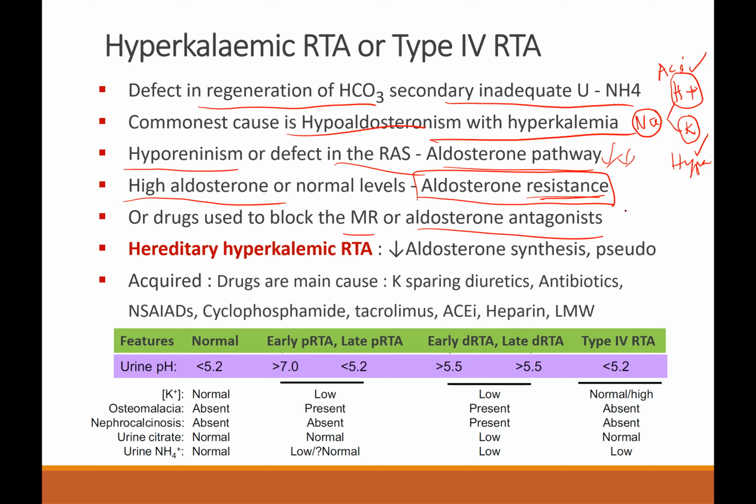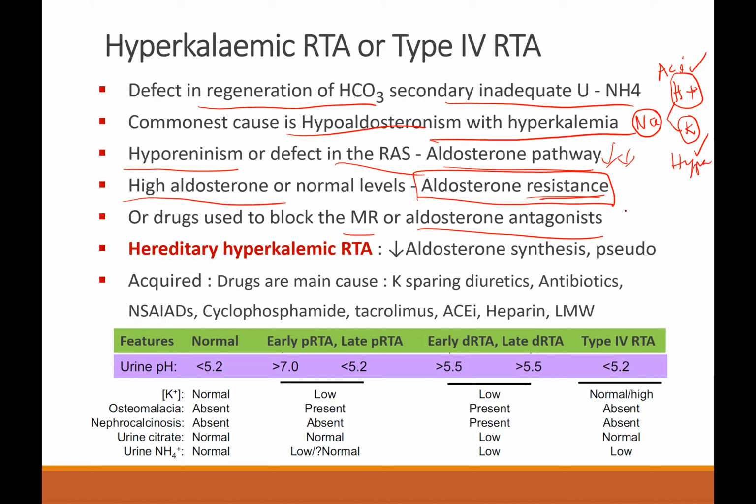So three things: one, aldosterone deficiency, either in the biochemical pathways or in the gland itself, the adrenal cortex, or aldosterone resistance at the receptor level due to various conditions, or you are using drugs which will block the aldosterone. Any one of them will excrete sodium and excrete water and produce dehydration, have hyperkalemia, and have high hydrogen ion in the blood, which is metabolic acidosis.